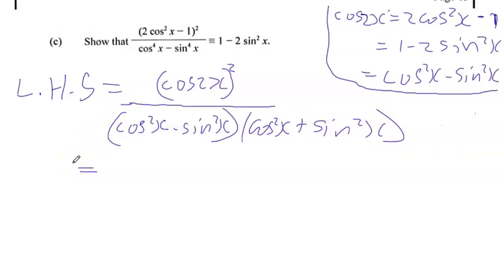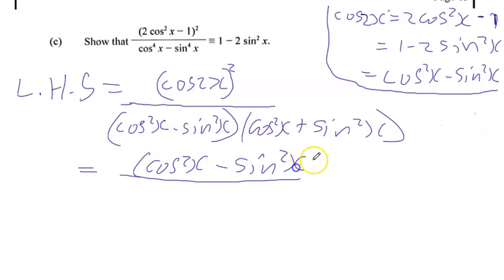What else can we do now? In the numerator, cos 2x in the bracket, an expression for cos 2x is cos square minus sine square. So we can rewrite the bracket as (cos square x minus sine square x) all square.